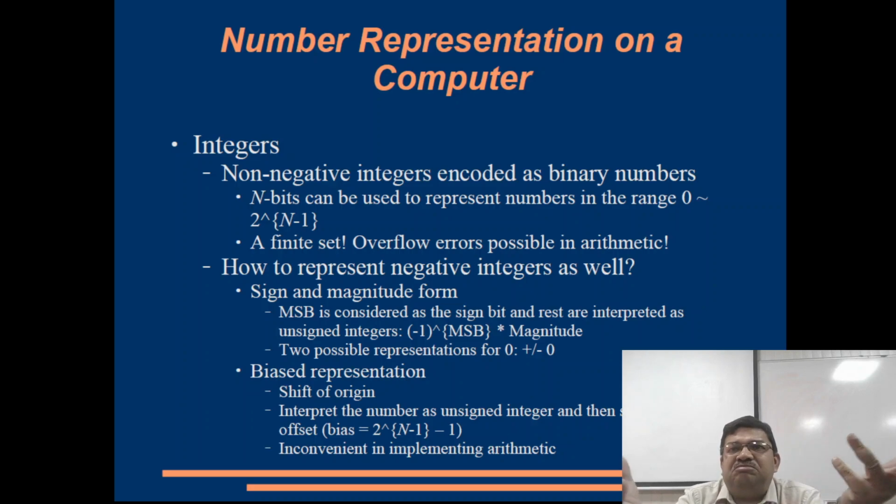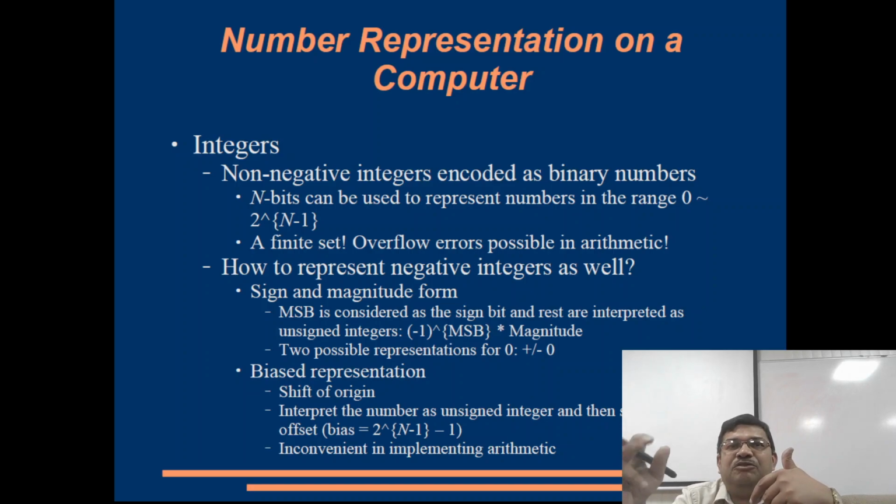With n number of bits, there are 2 raised to the power n possibilities, zeros and ones, and each of them corresponds to a certain position. And that means there is a finite set of numbers available. If you exceed 2 raised to the power n minus 1, that is the largest unsigned integer you can have, then it is going to be rolled back.